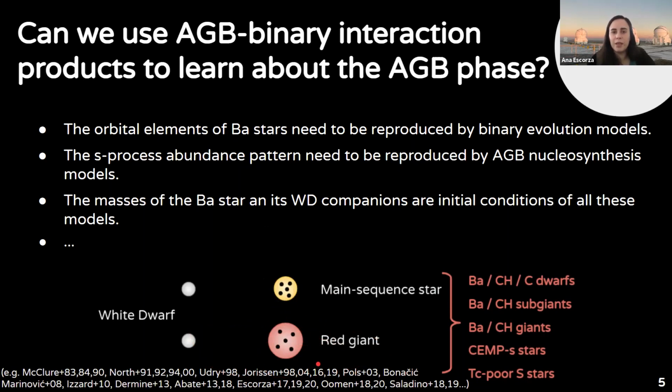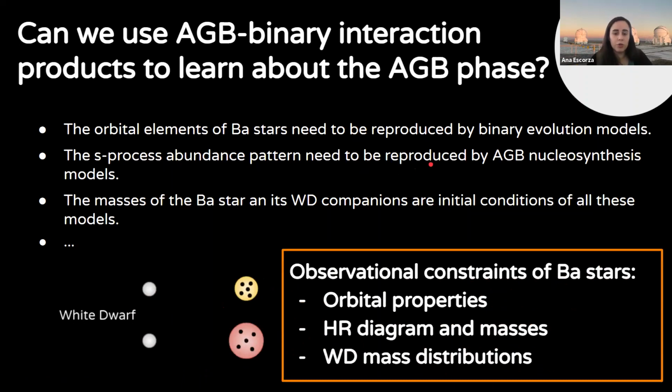So something keeps those elements visible on the surface. Additionally, the masses of these two stars are useful information as initial conditions for these two sets of models. What I'm going to show you now are those observational constraints that we have been working on for the past few years.